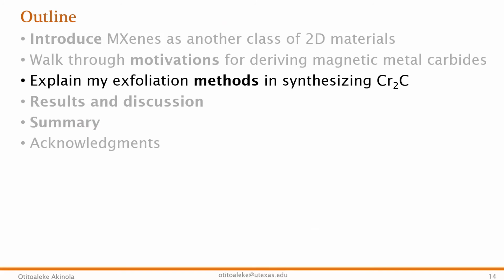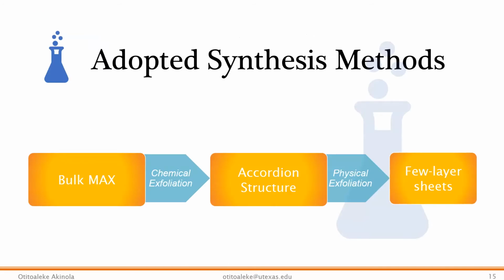Now, to derive this chromium carbide, let's see some of the procedures and steps that I've used. First is to give a general overview. The general overview in synthesizing MXenes is to start from the bulk MAX, do a chemical exfoliation to get an accordion structure, and from the accordion structure do some physical exfoliation to get few layered nanosheets.